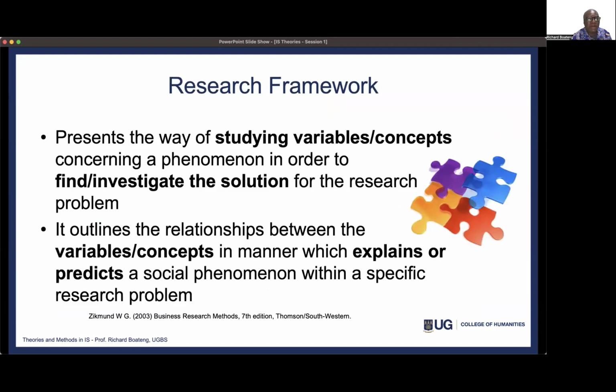Now, to be able to carry out a research, there's going to be the frame in which the research takes place. We usually call that the research framework. Now, what is the research framework? When I say I want to carry out a research and try to find out the decline in employee productivity, I could look at things like employee absenteeism. I can look at employee motivation.